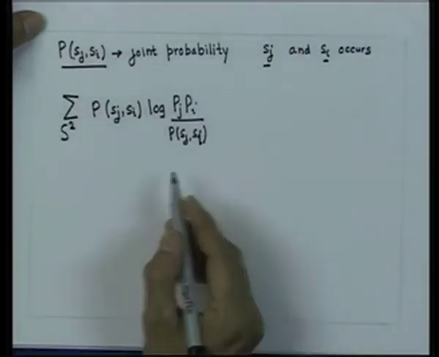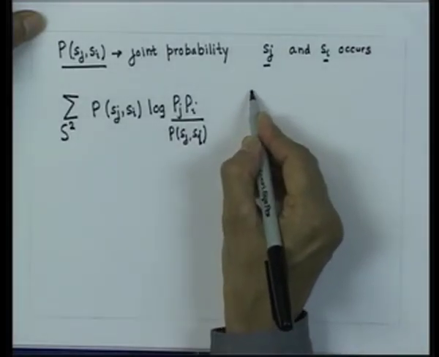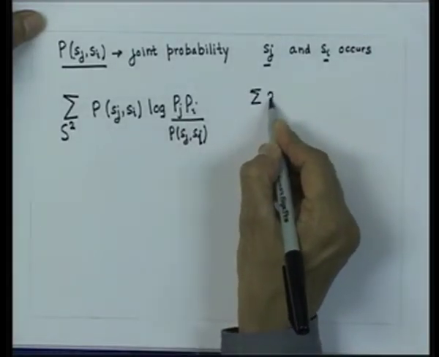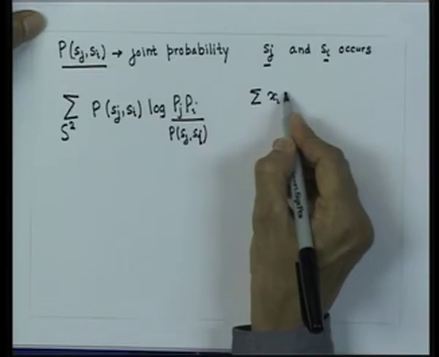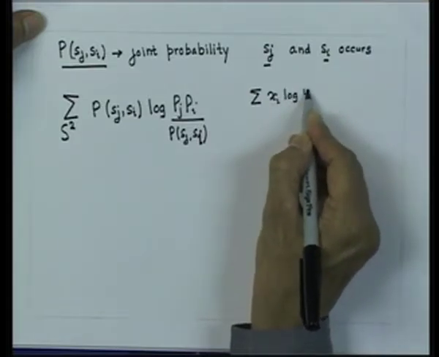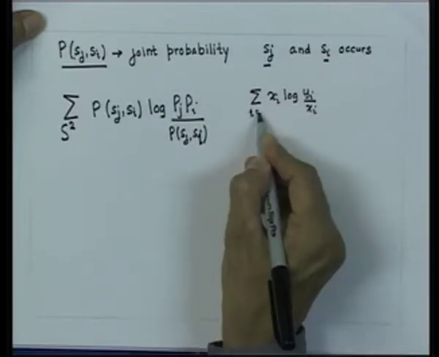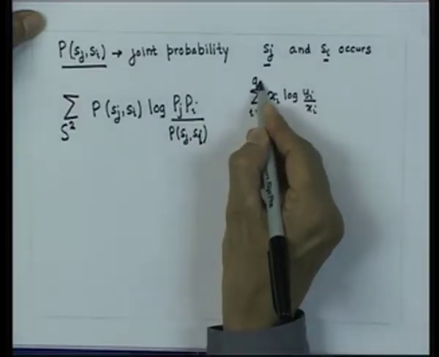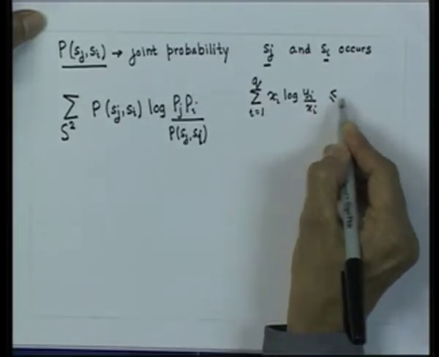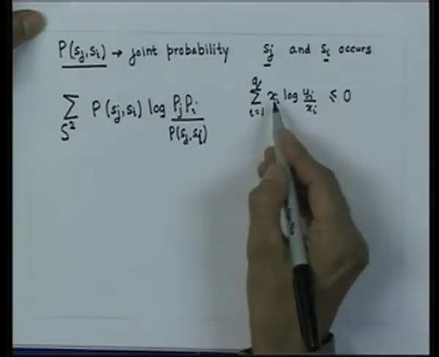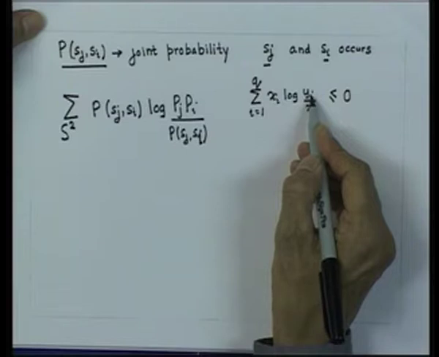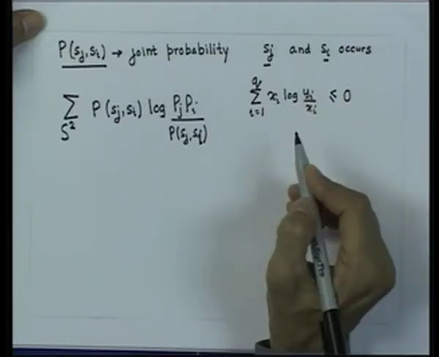Now, we have seen earlier that there is a relationship of the form summation over i equal to 1 to q of xi log of yi over xi is always less than or equal to 0, where xi and yi are sets of probabilities.